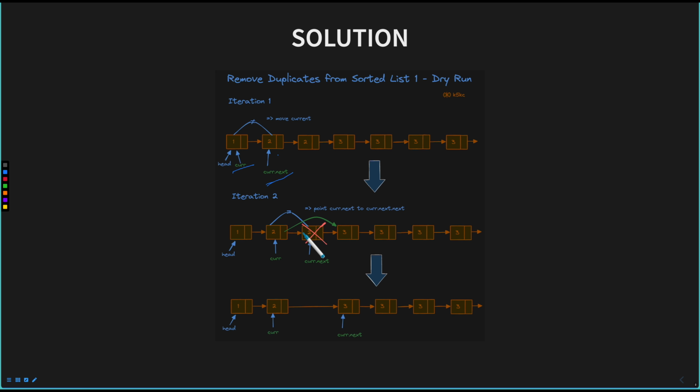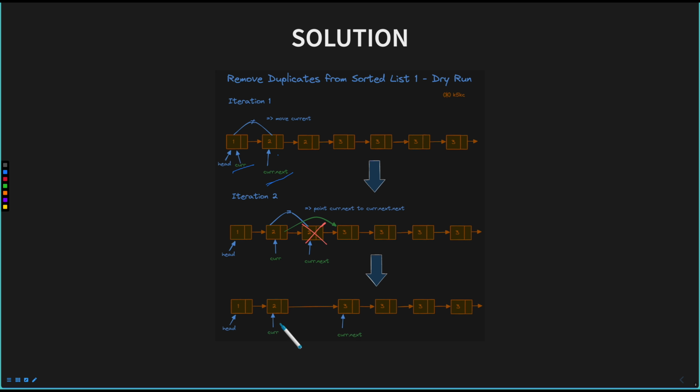The answer is yes. So in this case we will move current dot next, skipping one node from the linked list, and this will be garbage collected, or depending on the programming language, cleaned up somehow from the system. And now we get the linked list like this.